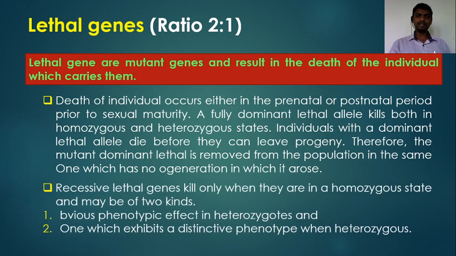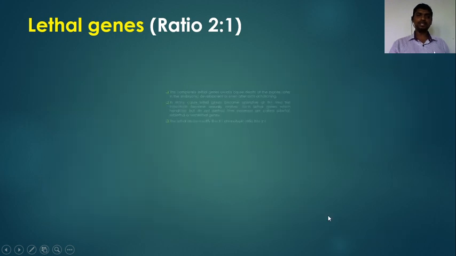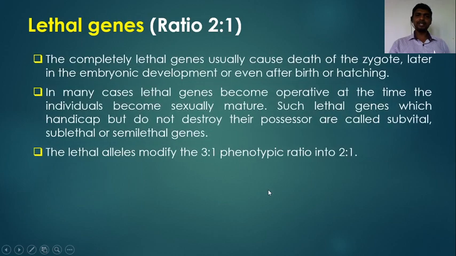Furthermore, the recessive lethal genes kill only when they are in a homozygous state and may be of two kinds. One has an obvious phenotypic effect in the heterozygote, and the other exhibits a distinctive phenotype when heterozygous. So this is about the lethal gene. The completely lethal gene usually causes death of the zygote later in embryonic development or even after birth or hatching.